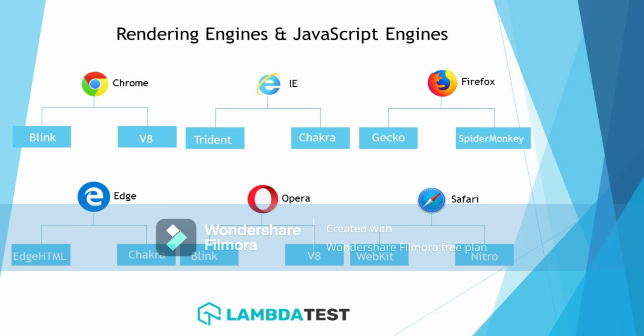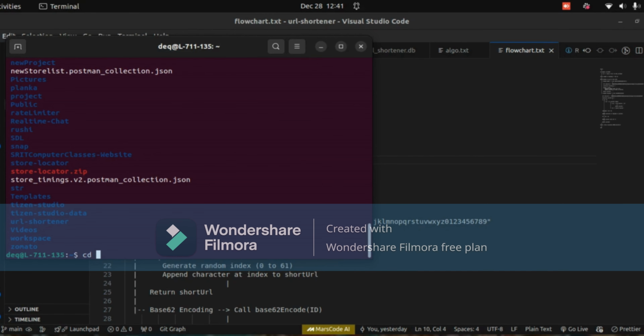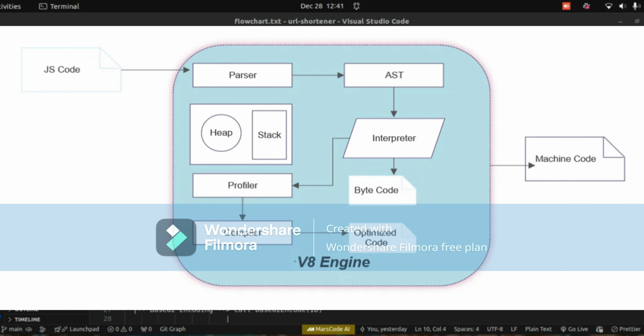What a browser engine does is take JavaScript code and convert it into machine level code. It has its own parsers, its own repainting flows, its own JIT, just-in-time compilers. So all the JavaScript code has to be converted into machine level code, and it is done by your browser engine. Chrome has its own browser engine, called the V8 engine.